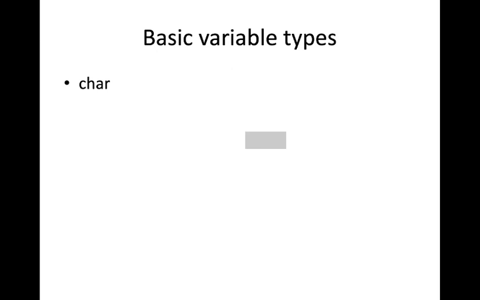These are the basic variable types that we'll be using throughout the programs: char, int, float, and double. Then there is void. We won't be using this for declaring variables. Mainly we'll be using it to declare functions, the return type of functions.